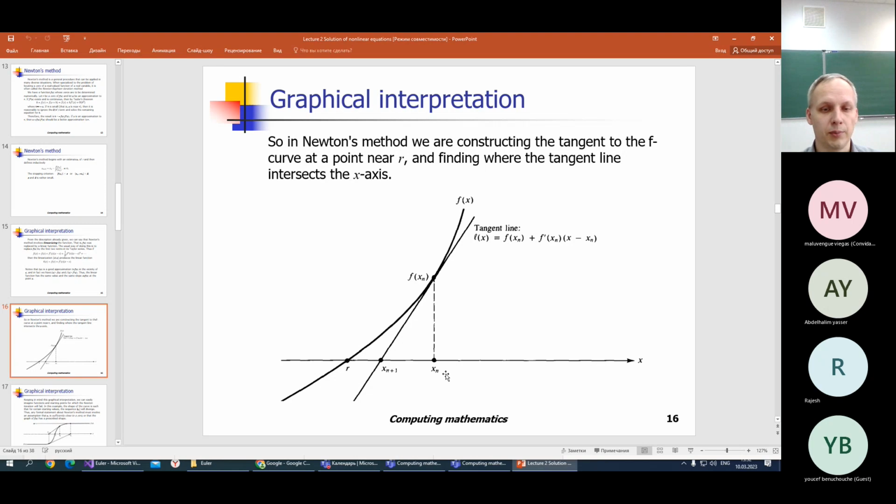We have a point xm, we have a tangent line, and we select the next point, xn plus 1, as the point of intersection of this tangent line and the real line x. And after that, the Newton method repeats.